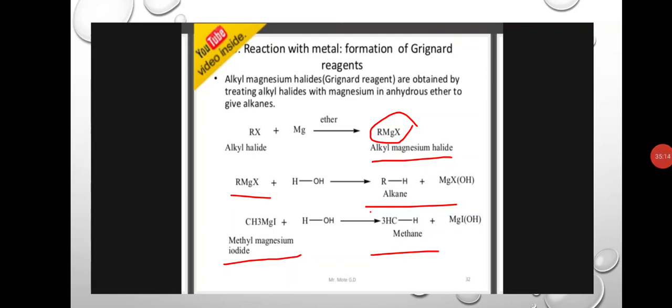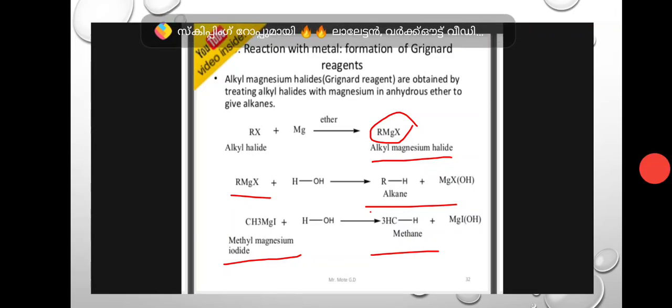Next is reaction with metal, or formation of Grignard reagents. Alkyl magnesium halides, also called Grignard reagents, are obtained by treating alkyl halides with magnesium in anhydrous ether. Here R-X is the alkyl halide, reacting with magnesium in presence of ether, and RMgX is formed.